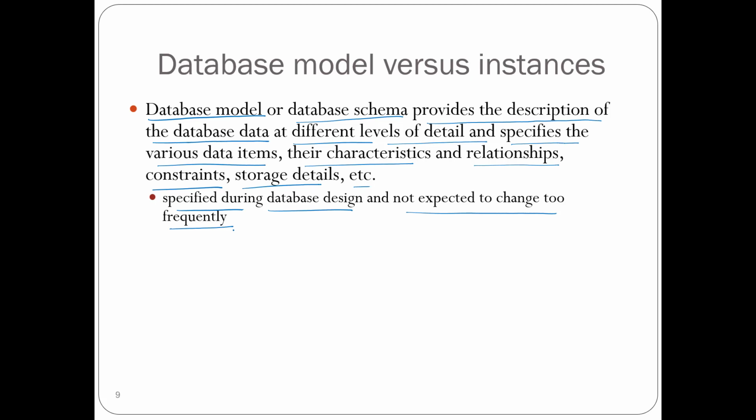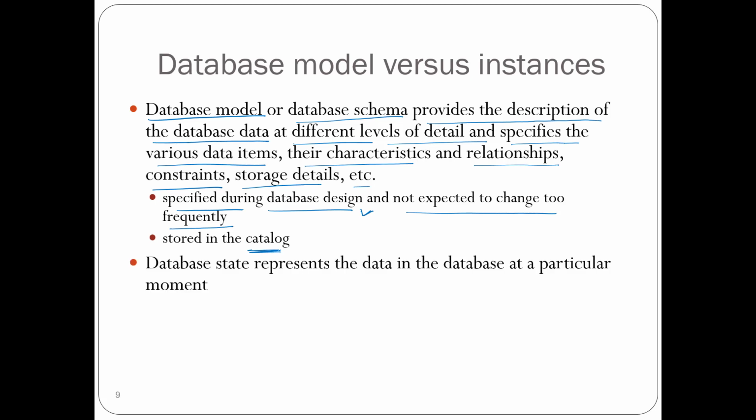The very moment I show you some examples, these will fall in place. So the database model is designed at the beginning, at the database design stage, and once the model has been perfectly designed, it will remain intact. It is not supposed to change that frequently. And this database model is stored in the catalog. What is a catalog? We will look at that very soon.